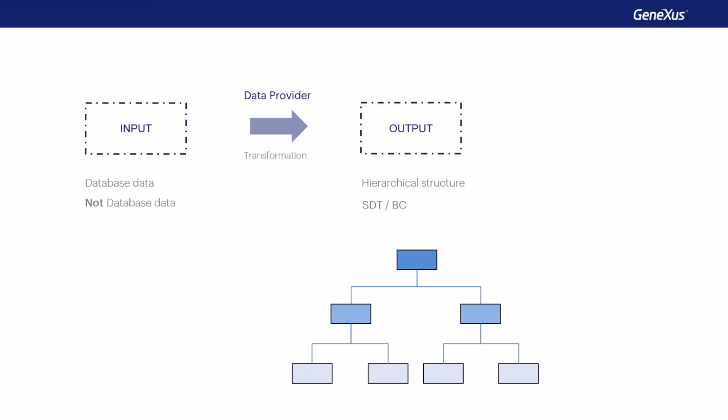Also, there's a collection property to indicate whether the output will be a collection of that indicated data type or if it'll be a single item. Therefore, a data provider will always return a hierarchy to the caller, be it an SDT, a collection of SDTs, a business component, or a collection of business components.